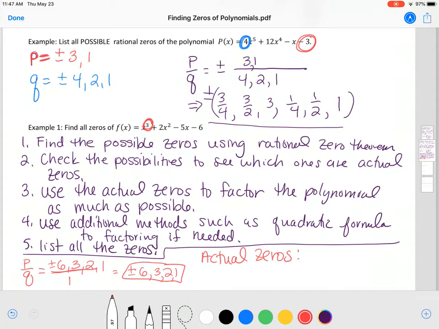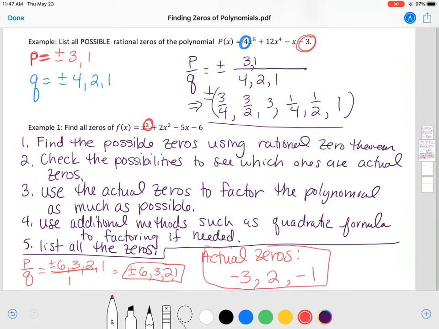When I go through and I plug all of those in, what I'm going to find out is that I have 3 rational zeros. When I plug in negative 3 into my polynomial, I'm going to get out 0. When I plug in 2 into my polynomial, I'm going to get out 0. And when I plug in negative 1 into my polynomial, I'm going to get out 0.